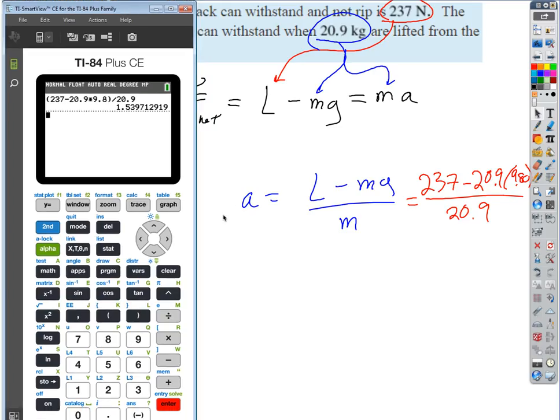Okay, let me show you something cool. I'm going to write that same expression out, but I'm going to let x be the mass of the loaded grocery sack, okay? So then I would get the quantity 237 minus 9.8x divided by x, right?